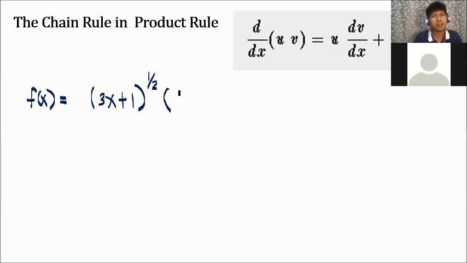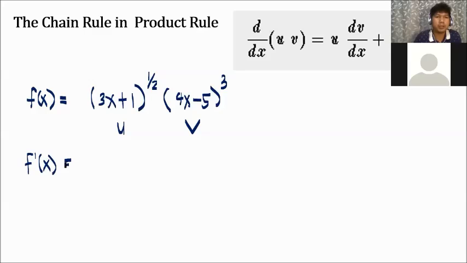And 4x minus 5, then 3. So I will give here both given with exponent. So this is our u and this is our v. F prime x, follow the product rule formula, so copy u, 3x plus 1, 1 half.